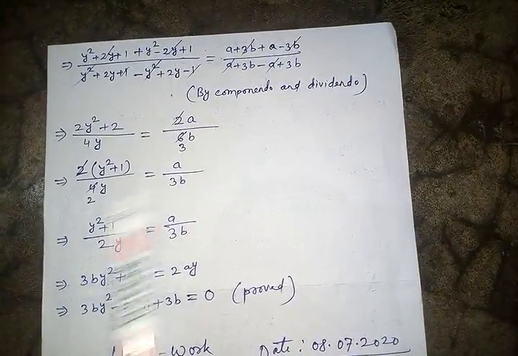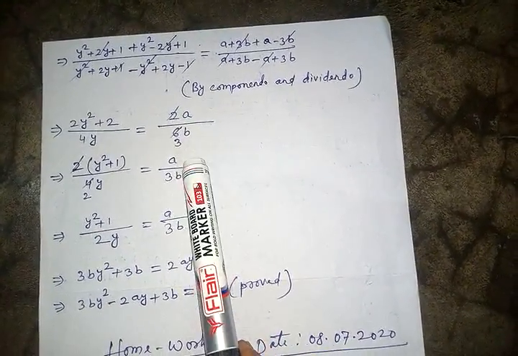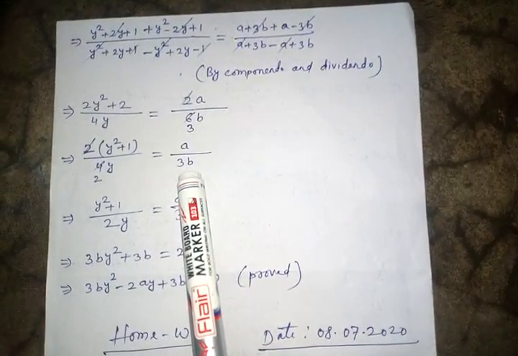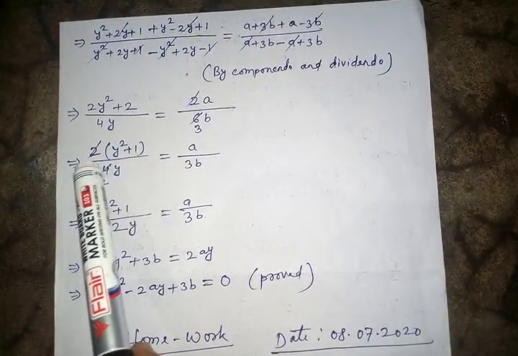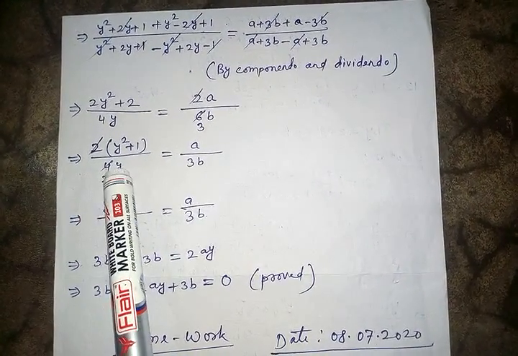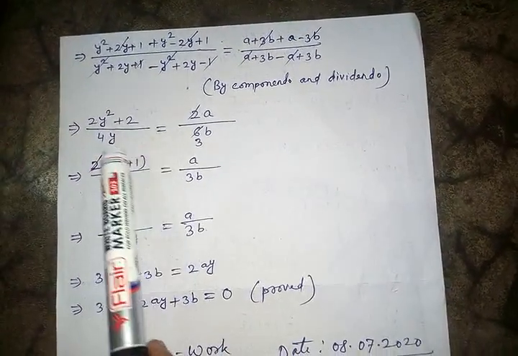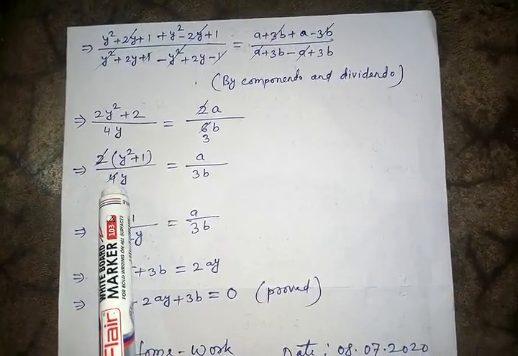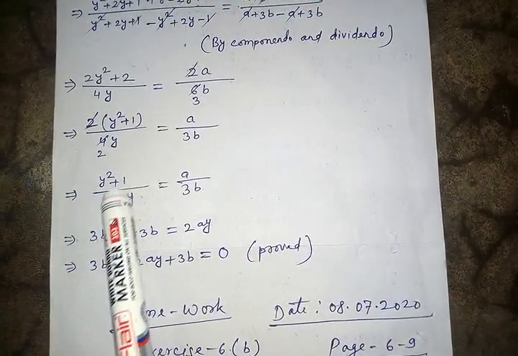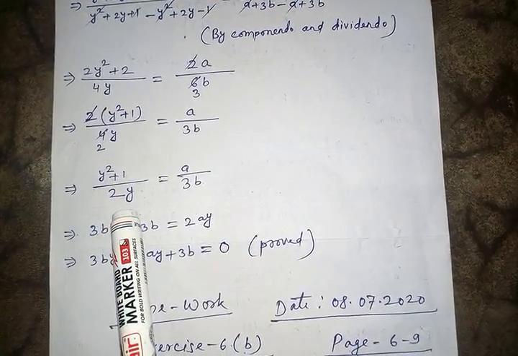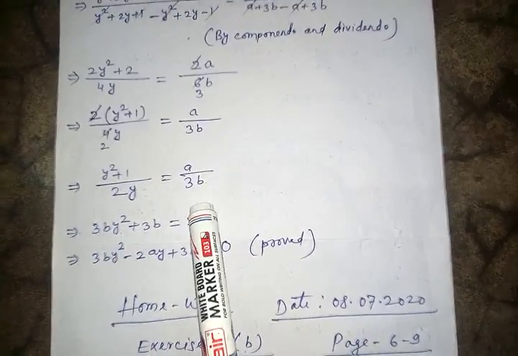Now here 2 and 3 gets cancelled, 2 3 is 6. So here we have a by 3b, and here 2 will be common, and here 2 and 4 will cancel, 2 2 is 4. Without taking 2 common we cannot cancel, we should take 2 common and then cancel. Then finally we have y square plus 1 by 2y equal to a by 3b.